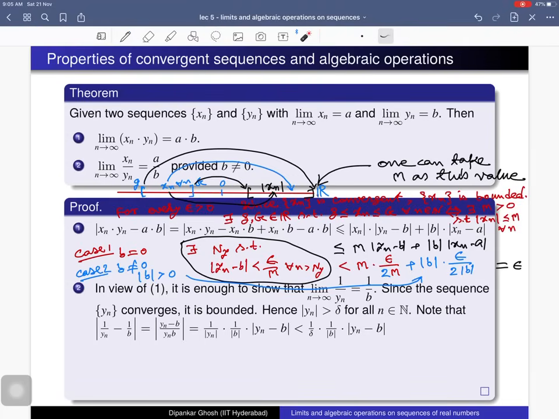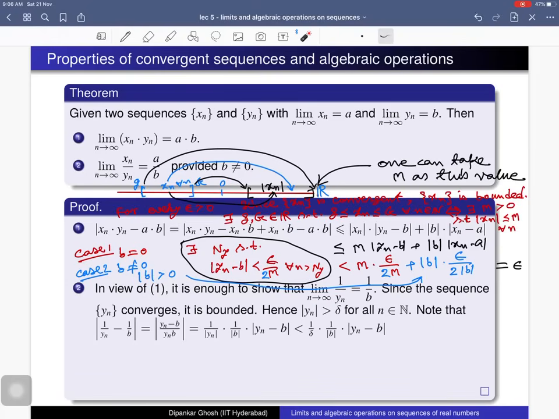Our ultimate goal is to prove that in this case, this distance is less than epsilon after a certain stage. What we can see from here is that this distance is less than or equal to this value. We have control over this distance and this distance in the condition. So for this limit, for this particular quantity, we can find a natural number, let's say ny, such that, so now I am proving this case 2.